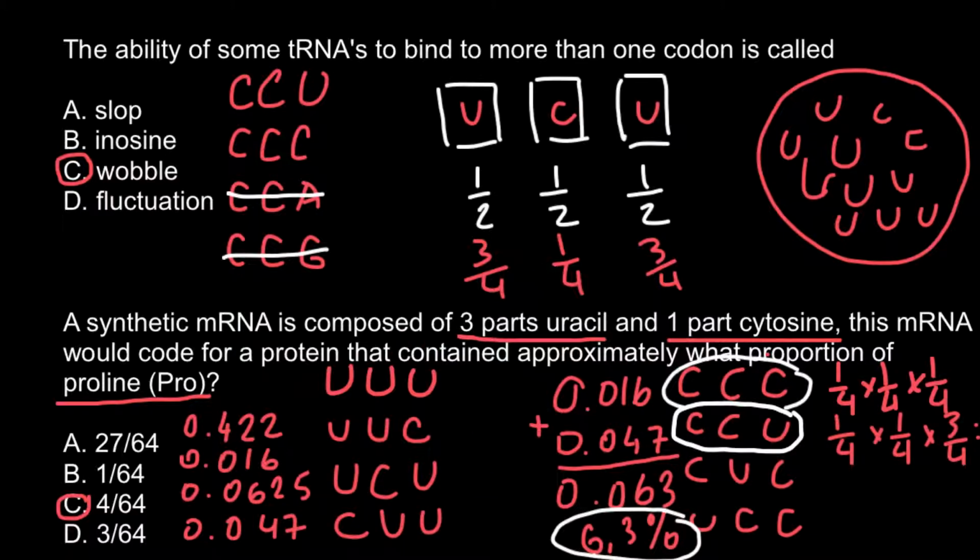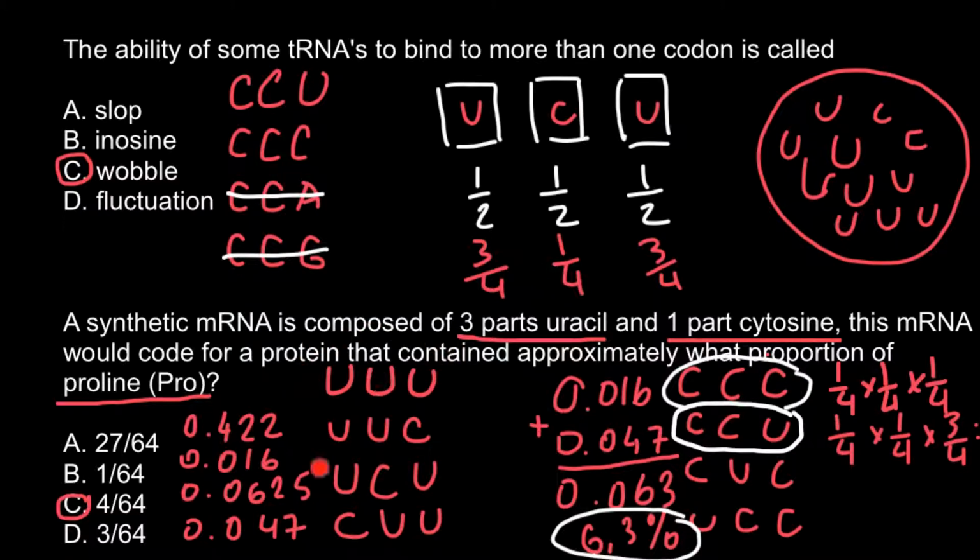And just if you're interested, for example, the frequency of this three-nucleotide would be about 42%, 3/4 probability for the uracil to take the first place, 3/4 probability for the uracil to take second place, and 3/4 probability for the third position to be taken also by uracil. So this would be most frequently occurring three-nucleotide in such messenger RNA, and we can find that almost 42% in such messenger RNA would be this combination.